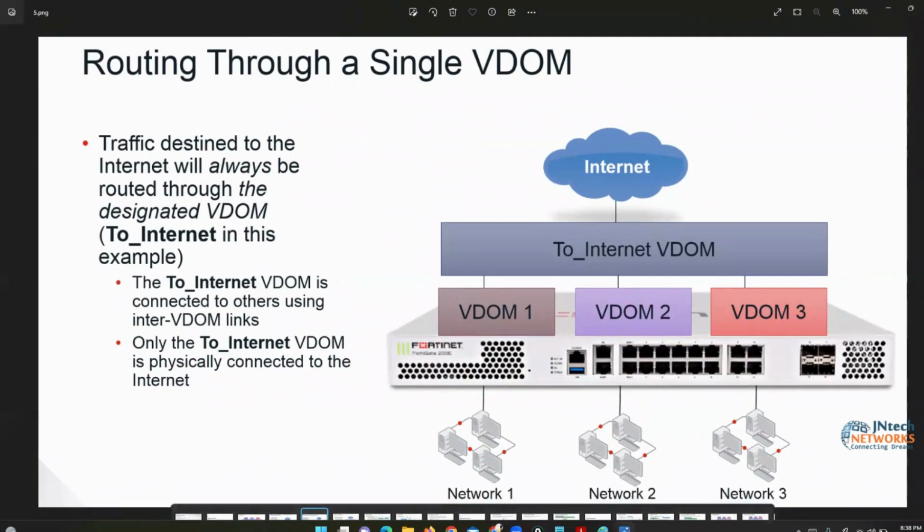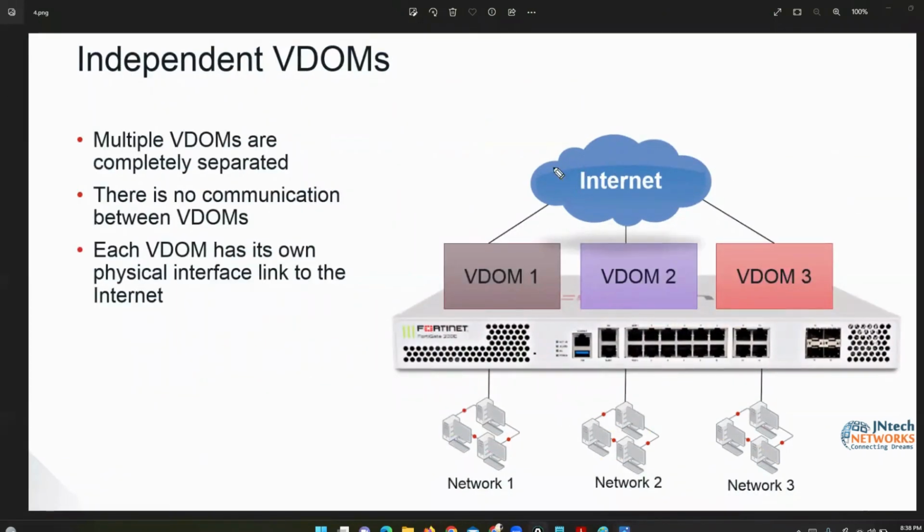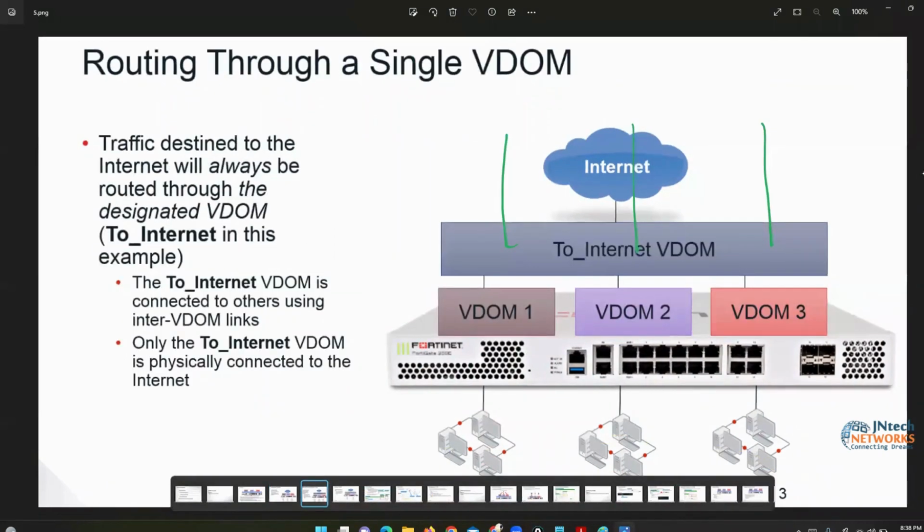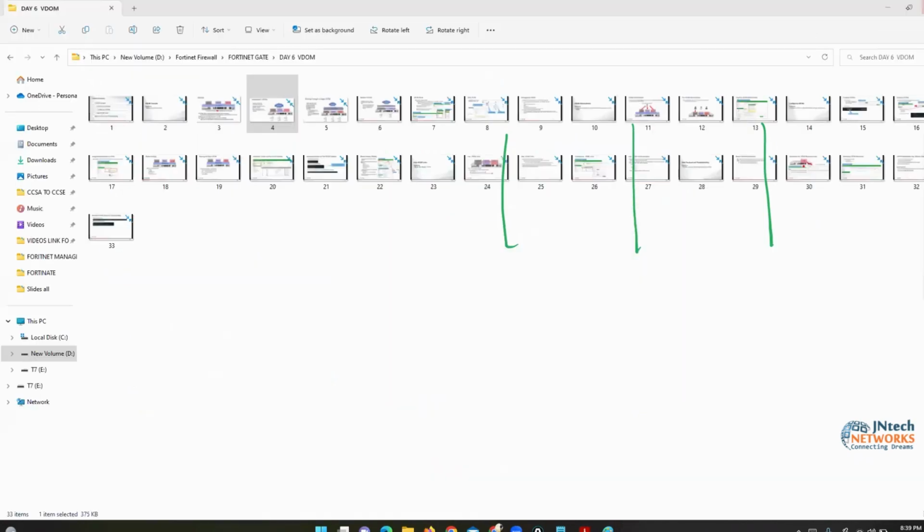In the first scenario, we need a separate internet ISP link for each VDOM. Or maybe in your organization you have a single ISP connection, with multiple departments on your LAN side but a single ISP connection on your WAN side. We'll discuss this scenario, no problem.